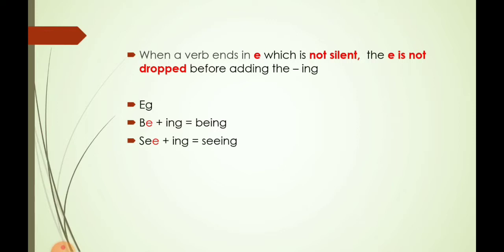Example, be plus ing is being. See, the letter e is not dropped here because the letter e is not silent, it is pronounced. See plus ing is seeing. Again, the letter e is not dropped because it is pronounced in the word, it is not silent in the word.